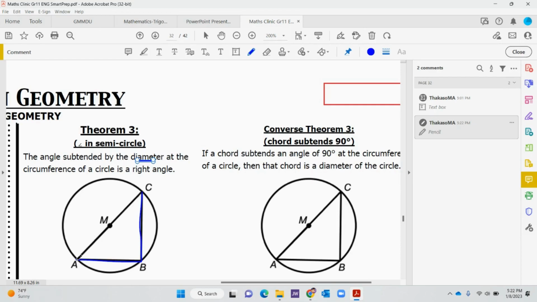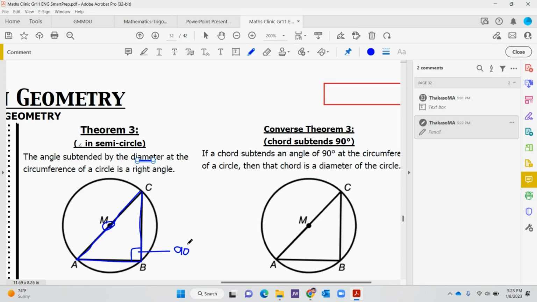This angle is suspended by that chord AC. Do notice that that line passes through the center. It bisects that circle, so that means it's a diameter. So since angle ABC is suspended by the diameter, angle ABC is a right angle, meaning it's equal to 90 degrees.